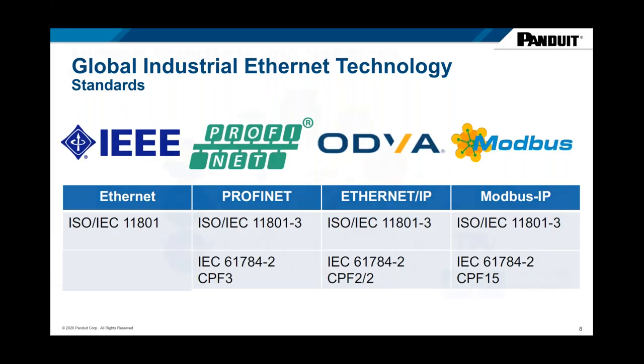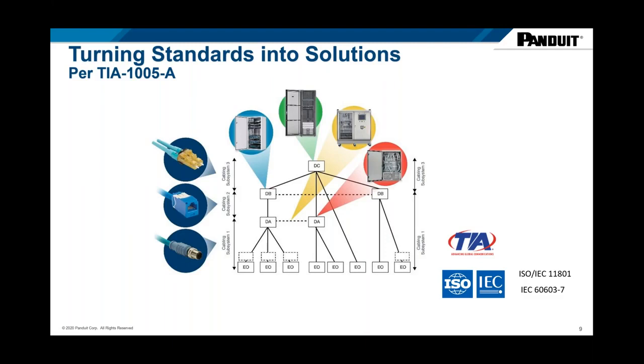So as we take the standards and we start to correlate them into the product solutions that are used out on the plant floor, what we can do is we can take that 1005A model, which we have in the background, and then we can build our solution based on that model, right? And we can also address those M.I.C.E factors.